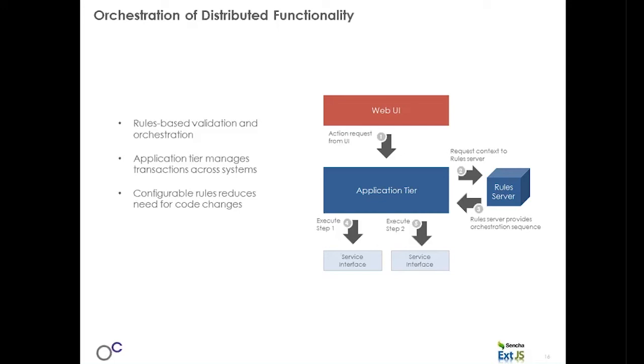The application tier then simply has to go and execute those steps and coordinate these with the multiple underlying service interfaces. The advantage of this approach is that it's very easy for us to change orchestration, as it's purely rules-based. It makes it totally configurable and reduces the need for code changes as the application needs to change or evolve.